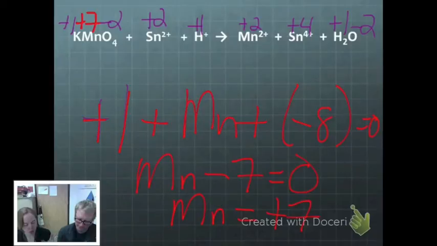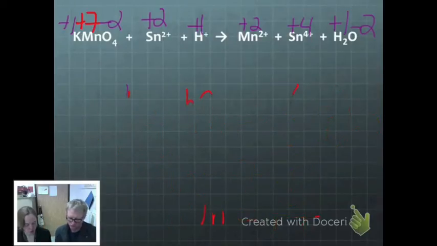All right. So now we've assigned all our oxidation numbers. So now we can actually decide what's been oxidized and what's been reduced. So now we can go ahead and list them out. So I've got potassium, which was a +1 and then disappeared. So we are going to assume that nothing interesting has happened to our potassium.